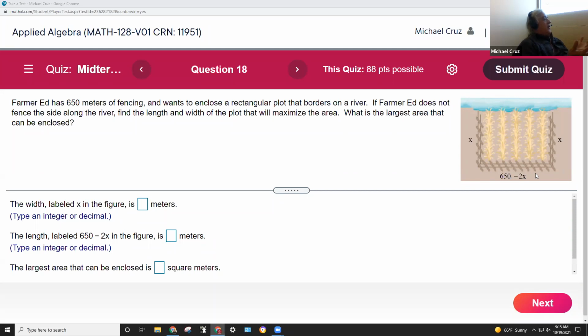You multiply those two things, and that gives you a quadratic equation. Then you put it in standard form. It'll be something like negative 2x squared plus 650x. Then you use negative b over 2a to find the x value of your vertex.